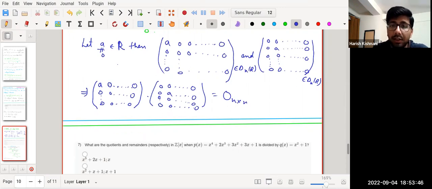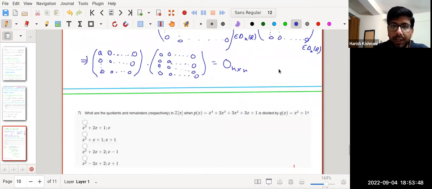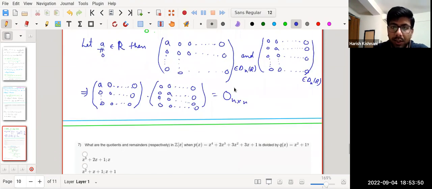Now for that, if you take the product of these matrices, then it's again going to be a zero matrix. So for any integral domain R, you have those two matrices such that the product is zero, but none of them is a zero matrix. So D_n(R) is never an integral domain, even if you are given that R is an integral domain. Okay.